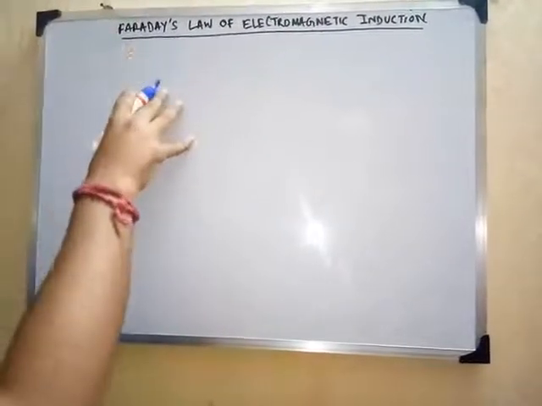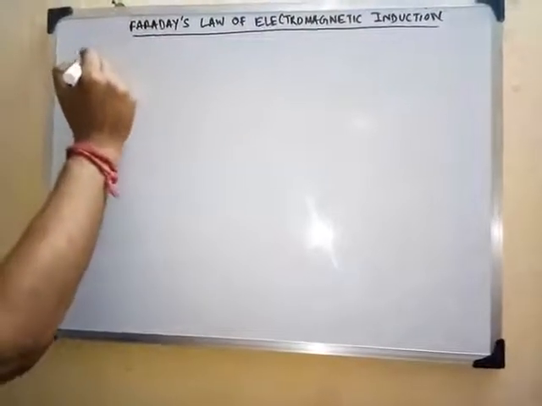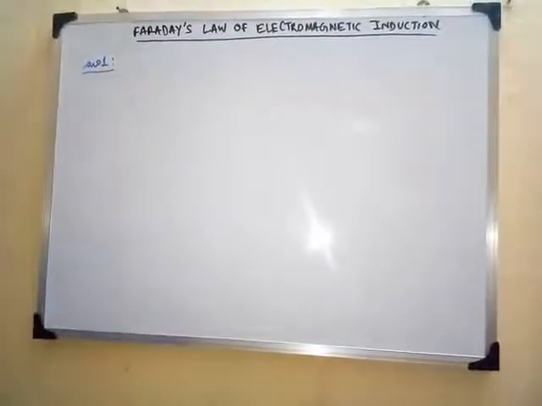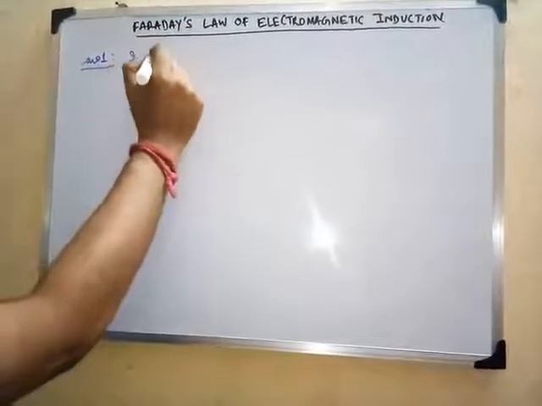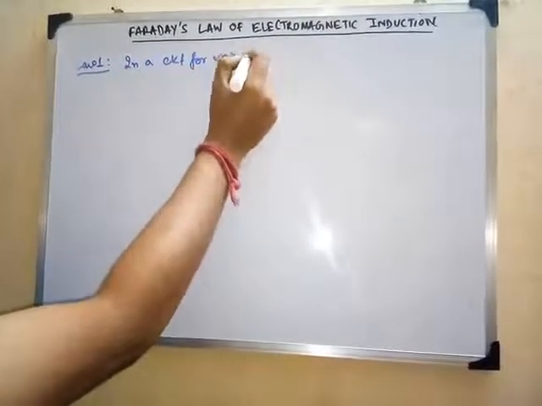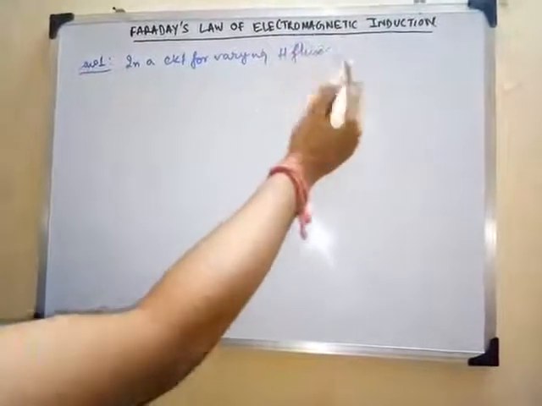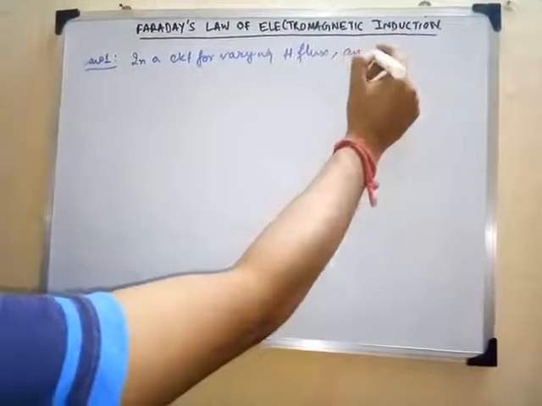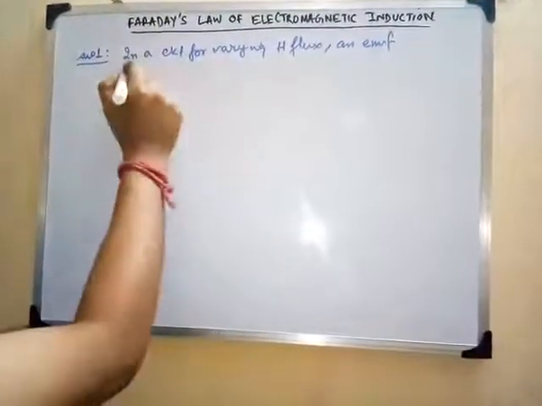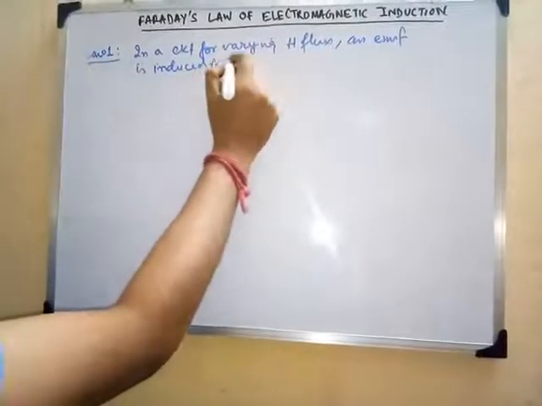So this is basically Faraday's law of electromagnetic induction. There are two laws. So let us write one by one and discuss. Law 1, right? So what is law 1? Law 1 is, in a circuit for varying flux, that is magnetic flux, an EMF, electromotive force, is induced in the circuit.